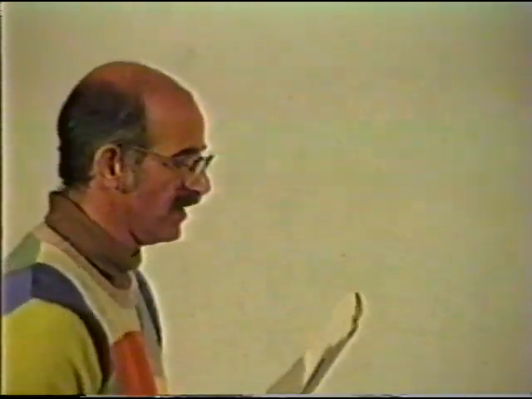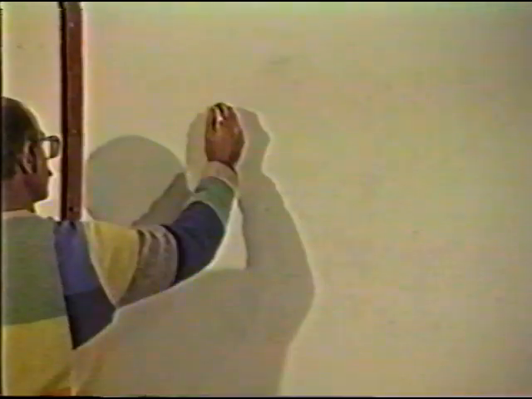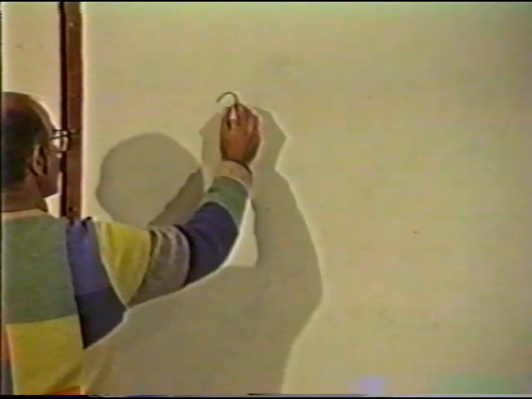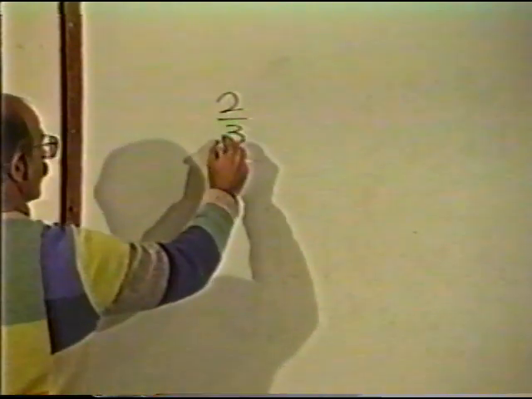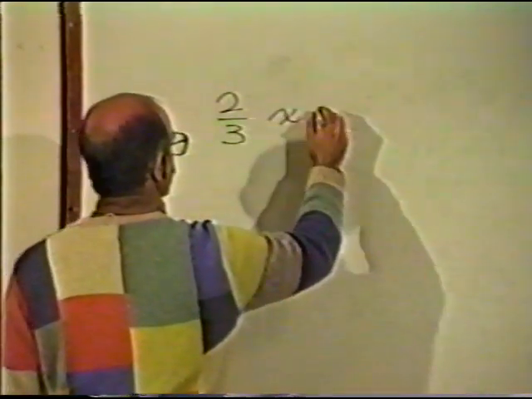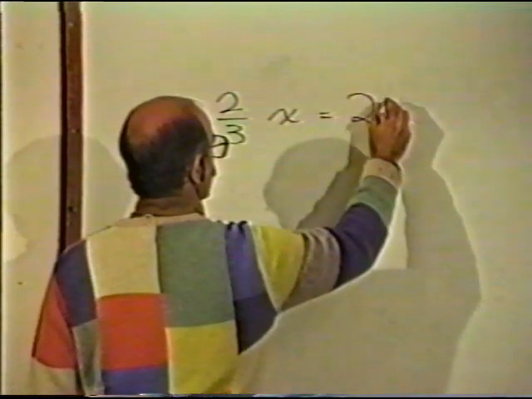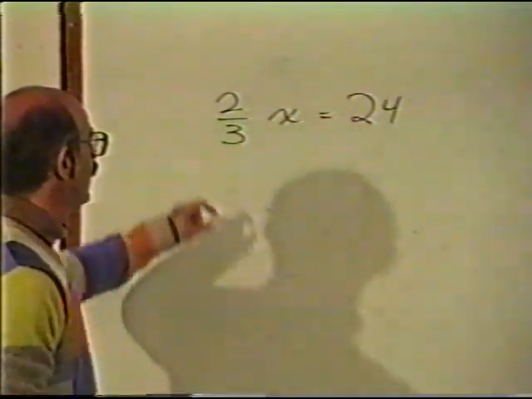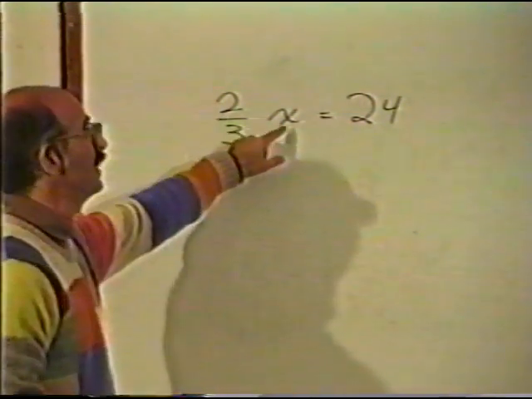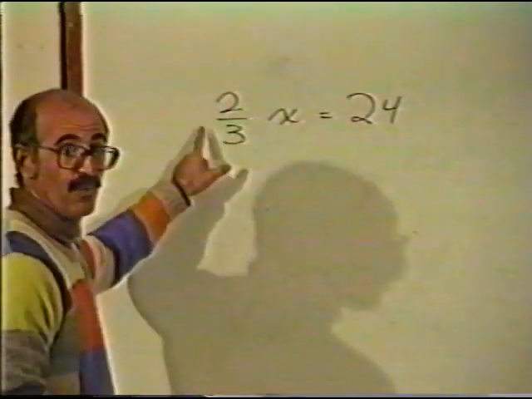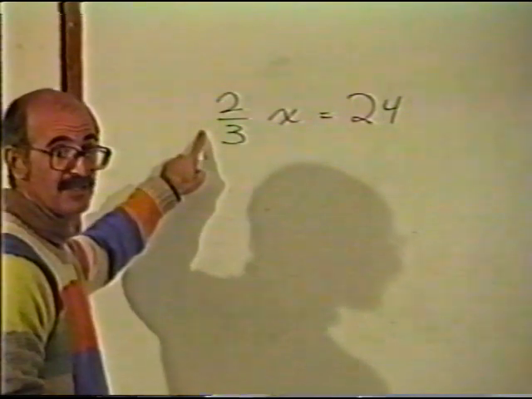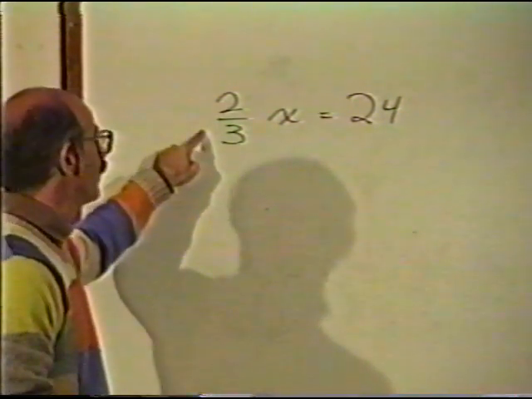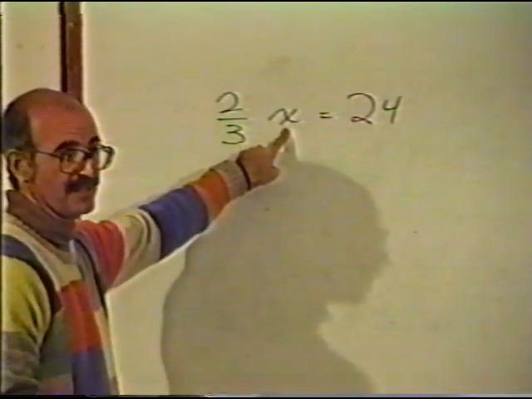But here's one more kind that's very, very important. 2/3 x equals 24. This time we have a fraction in front of the x. We would like to see that fraction disappear so that the x will be by itself.